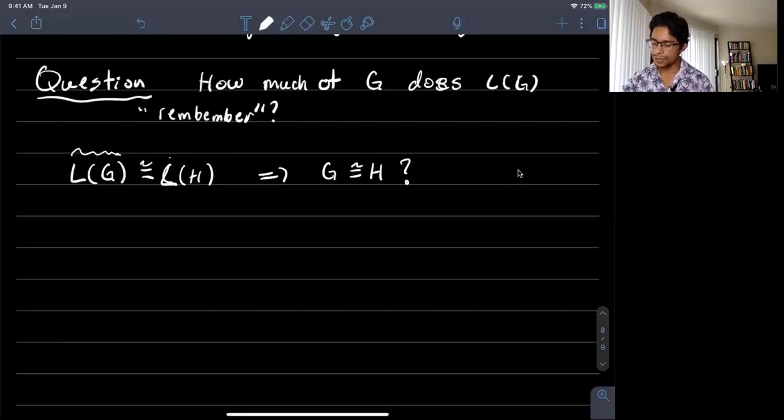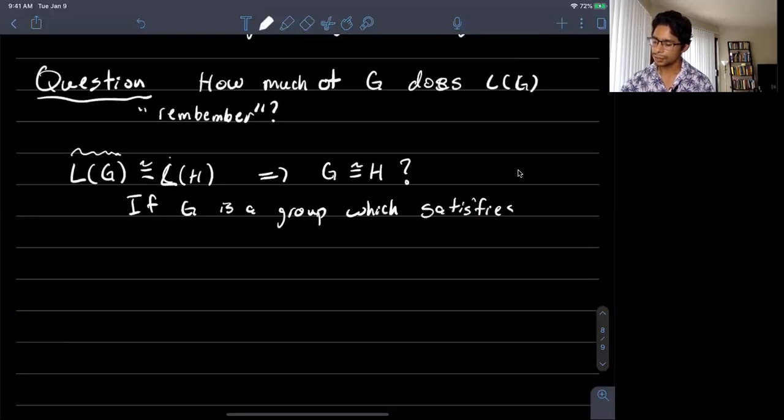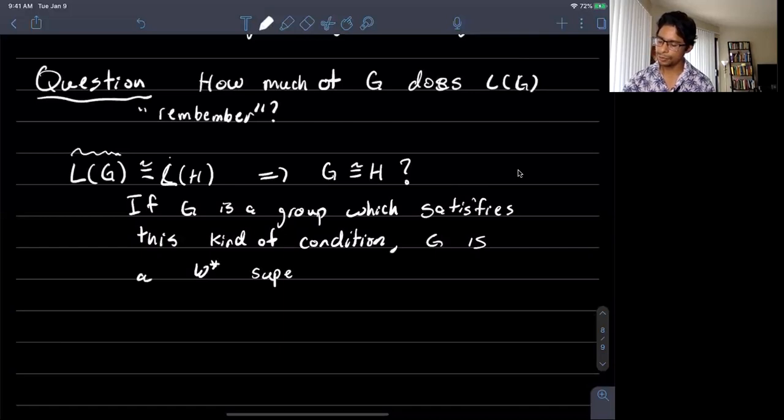If this is possible, if G is a group which satisfies this kind of condition, G is a W star superrigid group.